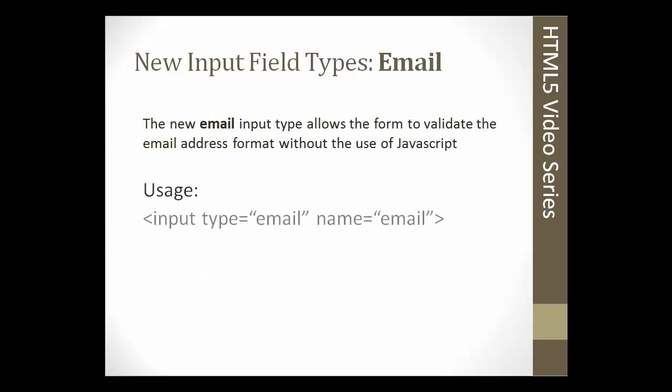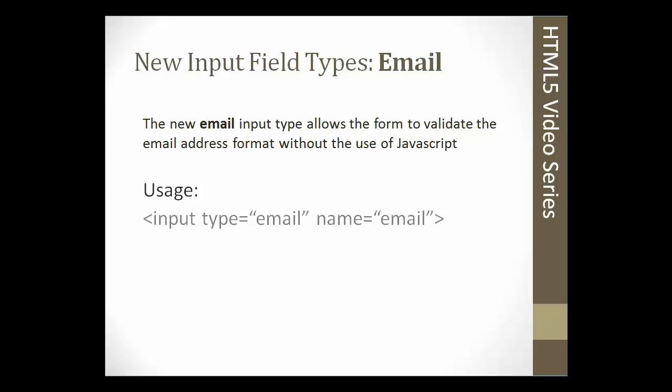The first one up is the new input field, email. The new email input type allows the form to validate an email address without any use of JavaScript. In the past, if you wanted to validate an email, you would need to use JavaScript or some server-side processing just to check if it is an actual email address, and it would take a decent amount of code.